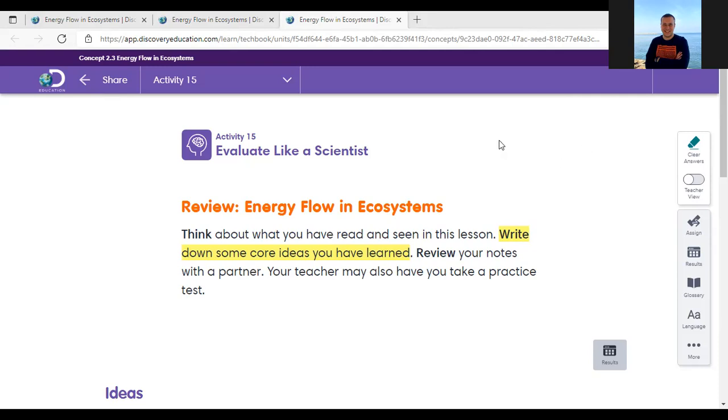Okay, who's ready? Come on, grade 5. What do you remember from this concept 2.3? What do you remember about energy flow in ecosystems?